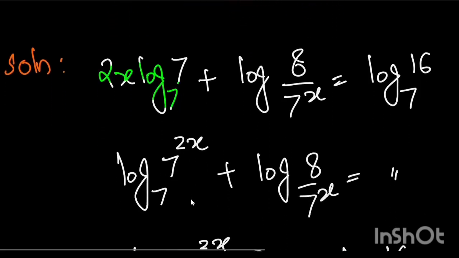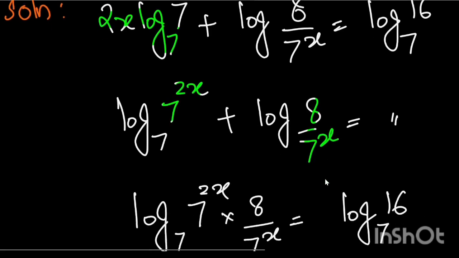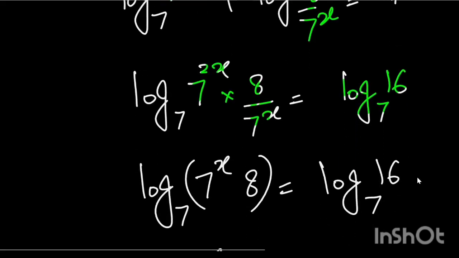It will go in the power. So it becomes 7 to the power 2x plus log of 8 by 7 to the power x, using log m plus log n is log mn. The right hand side stays as it is. 7 to the power x; 1 is cancelled with 1, so one 7 to the power x is left.